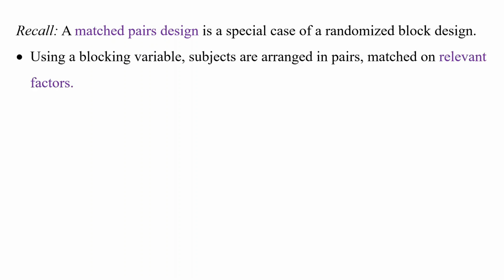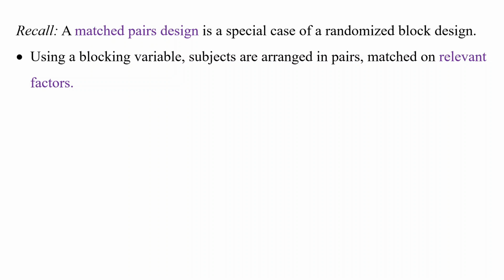A matched pair procedure uses a matched pair design, and it's just a special case of a randomized block design. So using some sort of blocking variable, subjects are arranged into pairs and matched on relevant factors, whatever they may be. So in a matched pair design, there's really two different types of setups you could have.